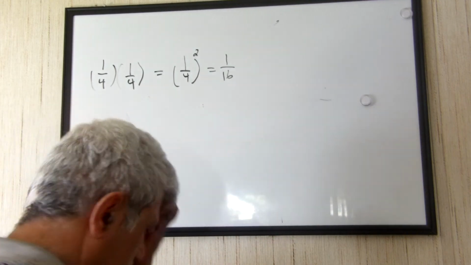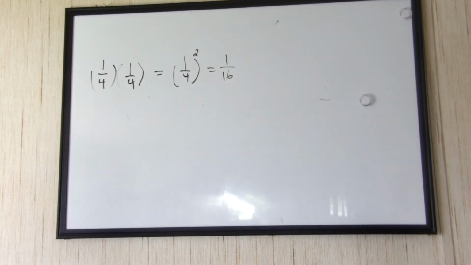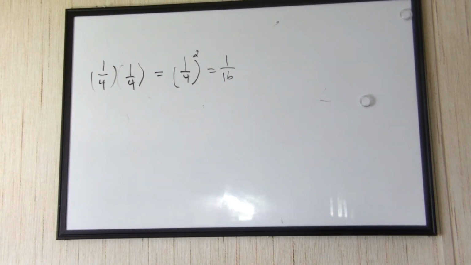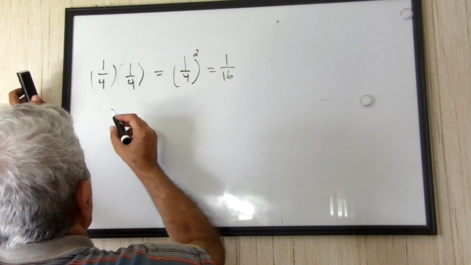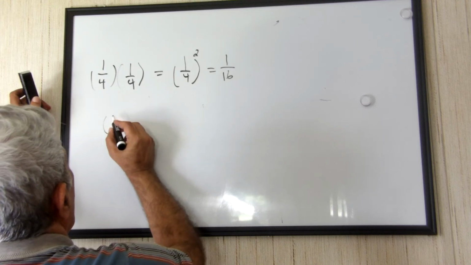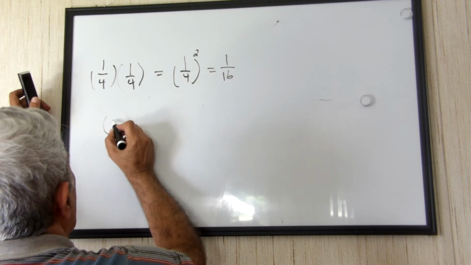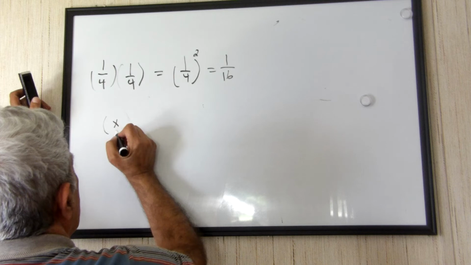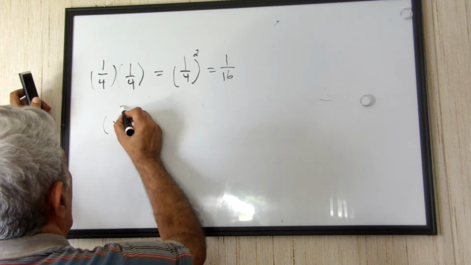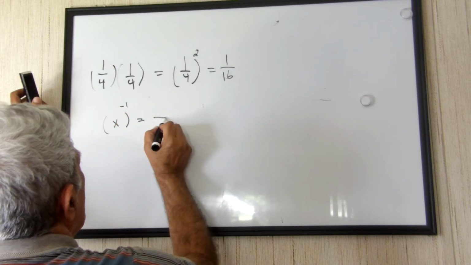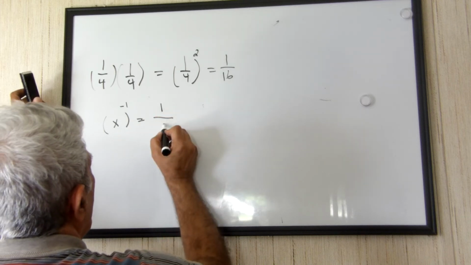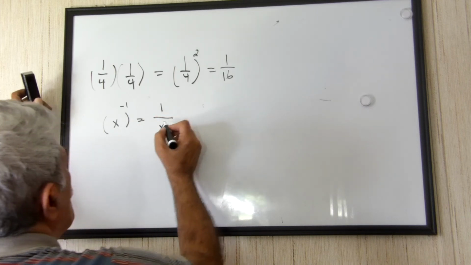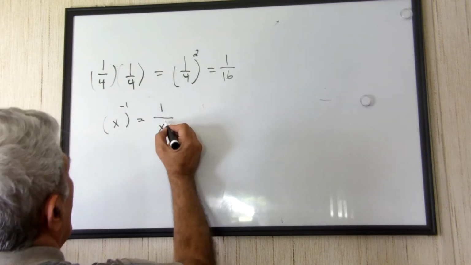So how about the negative exponent? You know that if you say x to the power of minus 1, what does it mean? It means you just invert it. You write the 1 here and x here, and so the power is 1.